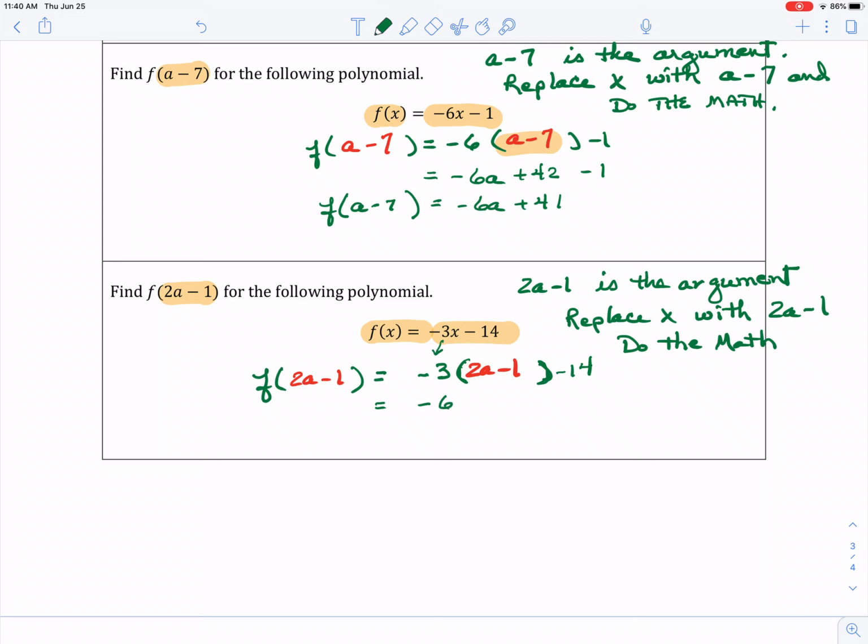So now I'm doing the math. So when I take function f and I plug in an argument of 2a minus 1, I get negative 6a minus 11.